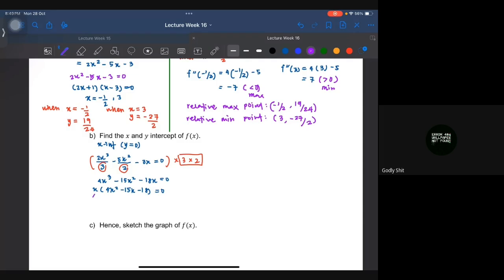So this one awak akan terus dapat x equal to 0. Tak ada masalah. Okay, masalah kita hanyalah dekat sini sahaja. So awak akan buat 4x square minus 15x minus 18 equal to 0. So this one you need to use either CTS or quadratic formula.